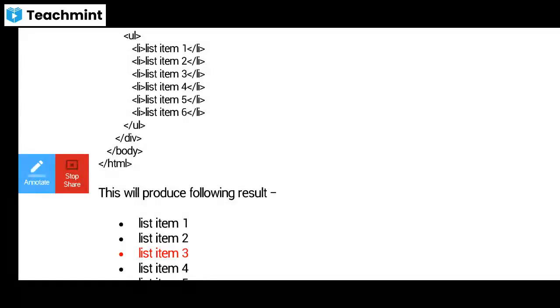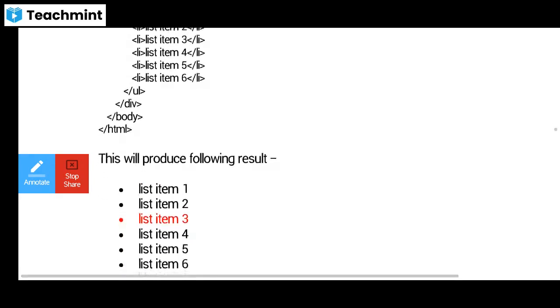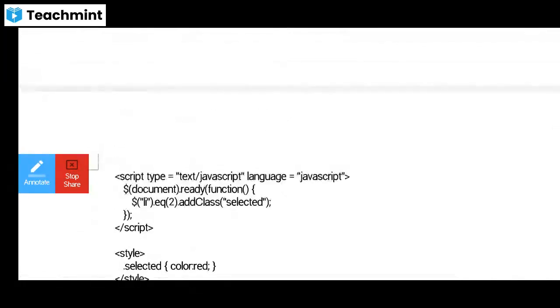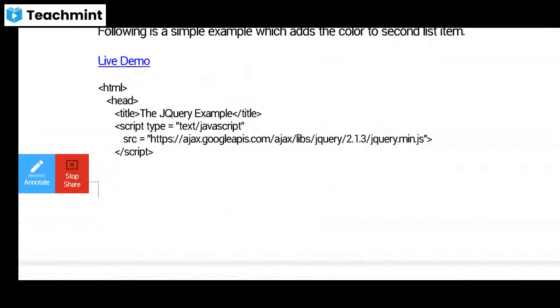So the unordered list is going to be closed, and the division is going to be closed, and the HTML body is going to be closed, and the last HTML is going to be closed. So the following result is the list item 3. So this is the program.